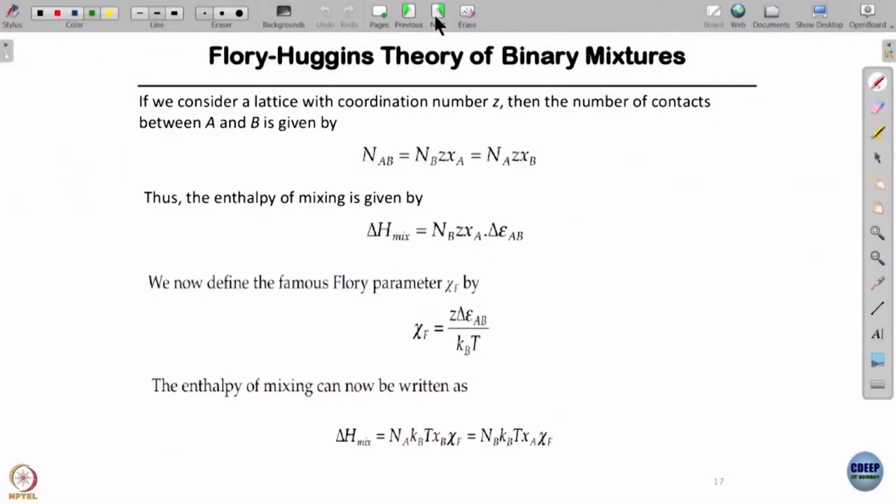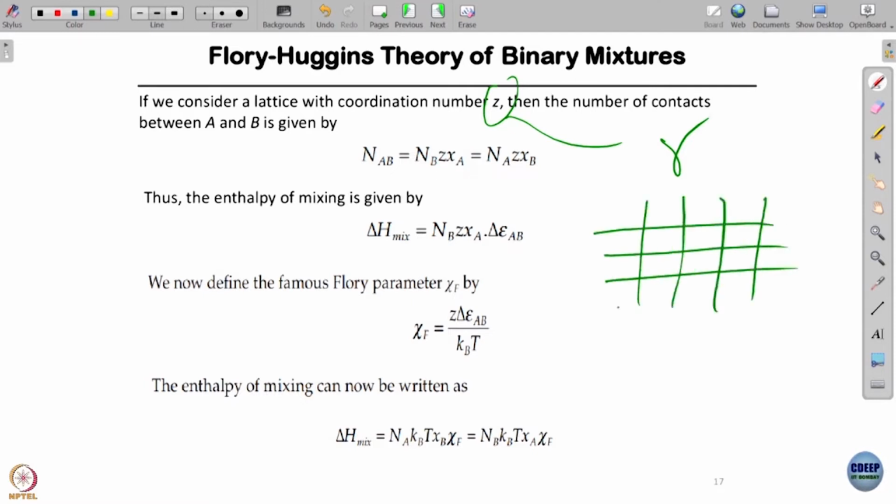This is Flory, still we are doing all along Flory. So, Flory then said, okay, this is something we discussed a little bit, but Z, which is gamma in my Ising model, is your coordination number. So, in a lattice, if this is my lattice site, then my coordination number is 4 in 2D; for a simple cubic lattice in 3D it would be 6.